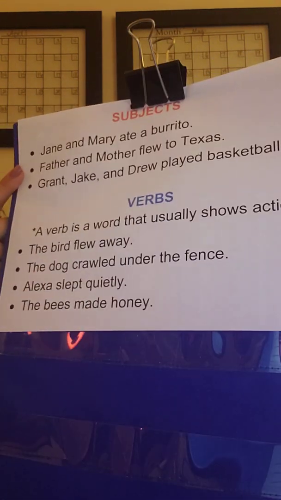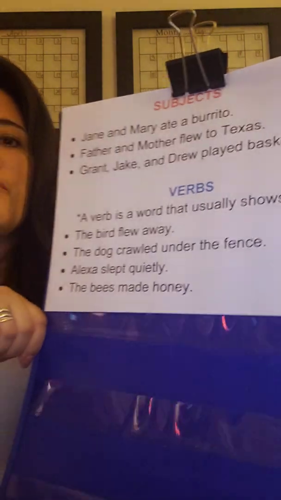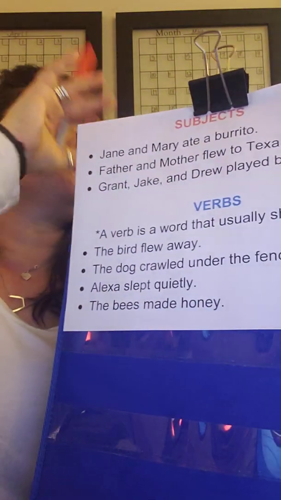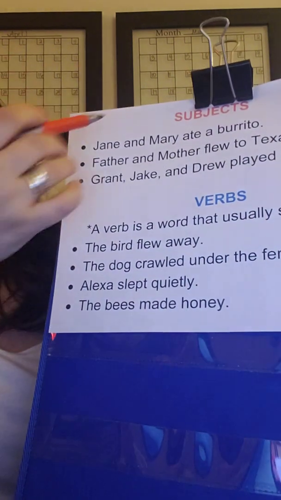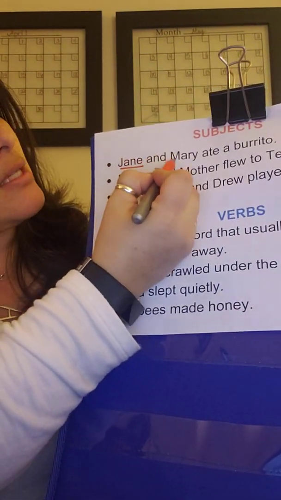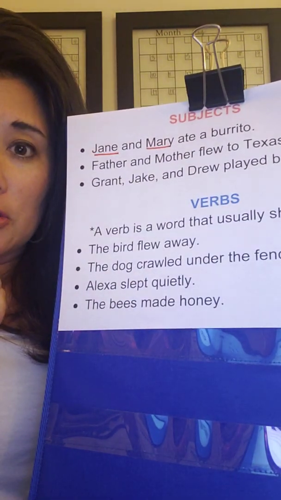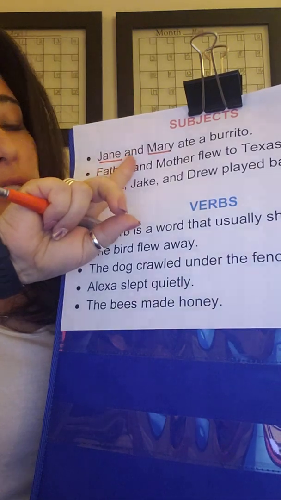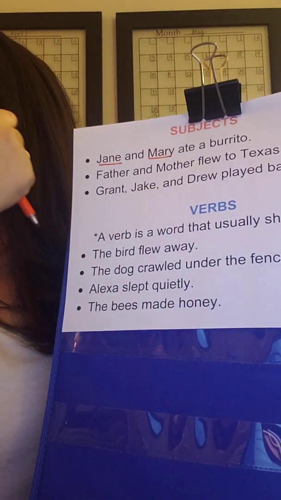Jane and Mary ate a burrito. If we were looking at this, we would need to think of who is the sentence about? The sentence is about Jane and it's about Mary. So those are the only two that you would underline. Not and, just Jane, Mary. That is who the sentence is about.